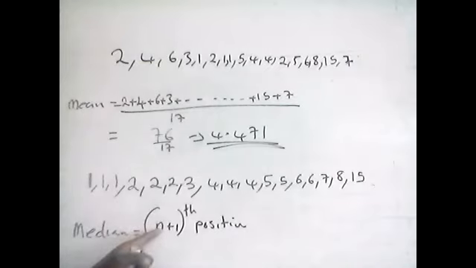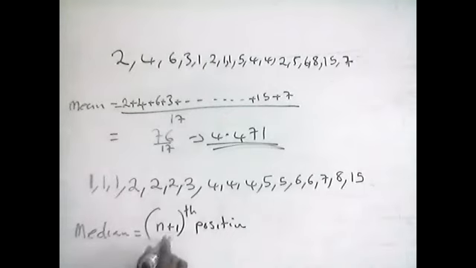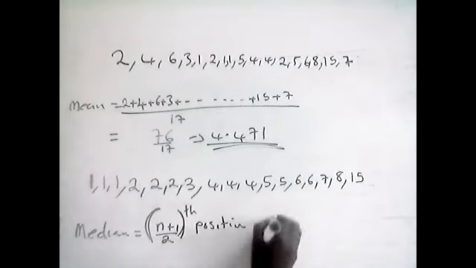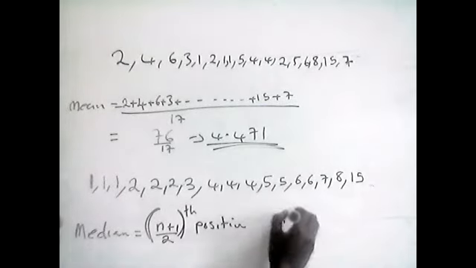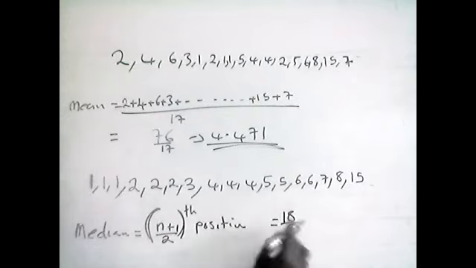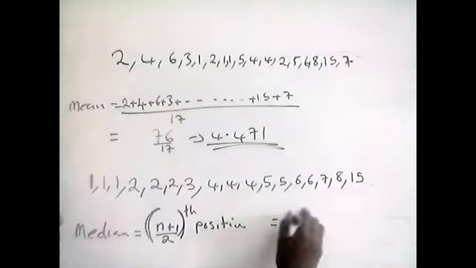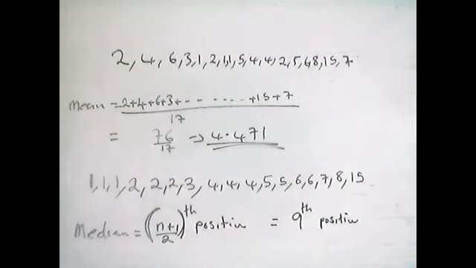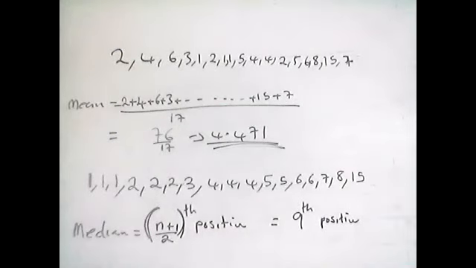Our n is 17, so 17 plus 1 is 18, over 2, which is 9. So the 9th position. The value on the 9th position is our median.